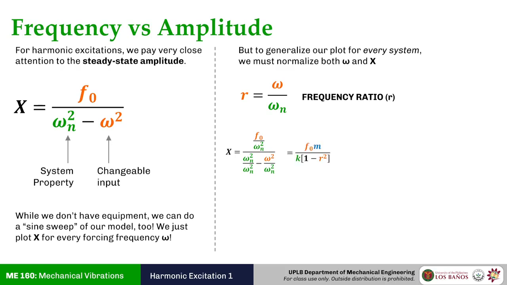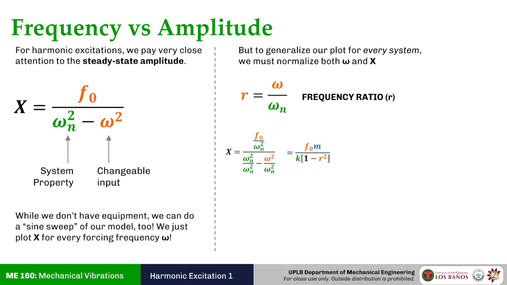So now what happened here? Instead of just leaving omega n squared stuck with the specific forcing amplitude, we opened it up, turned it into k over m, and simplified the fraction. Now, in order to normalize steady state amplitude x, what you'd notice here is that the specific forcing amplitude is multiplied to the mass.